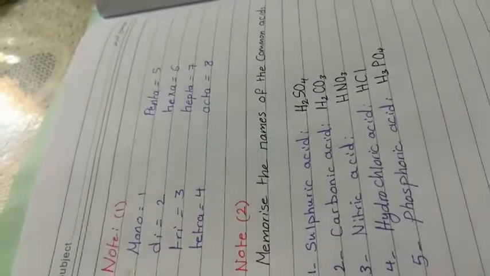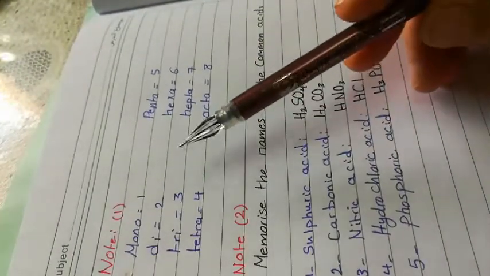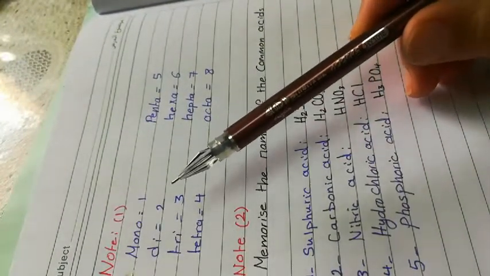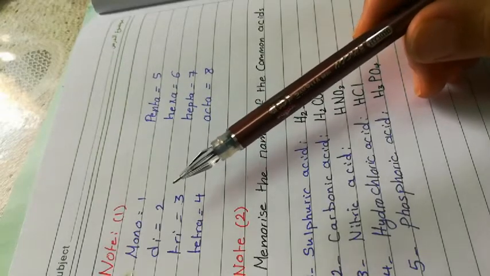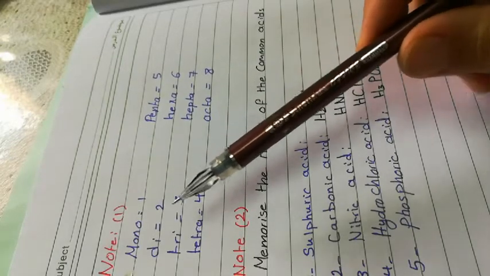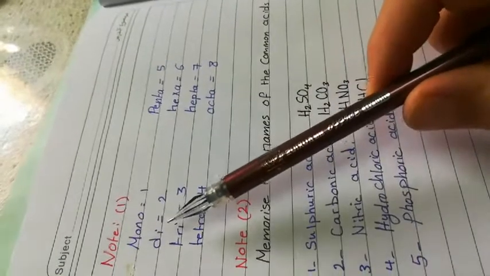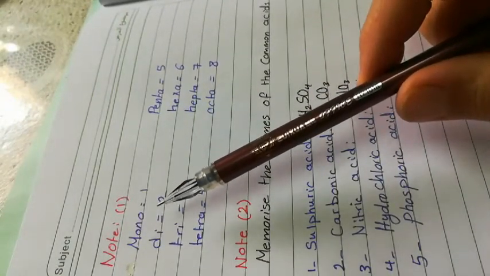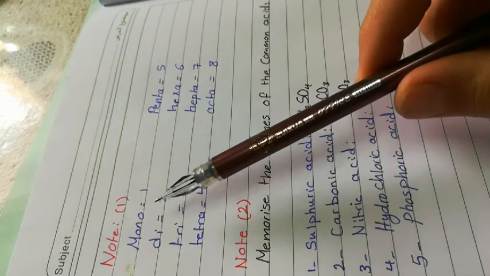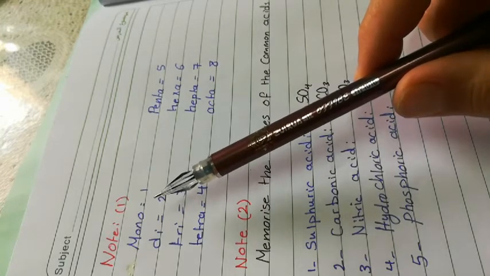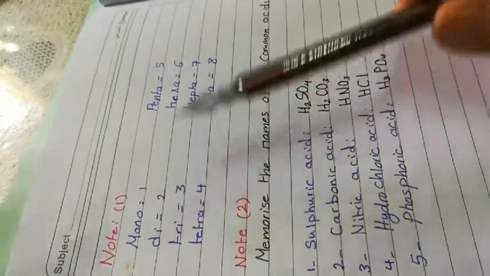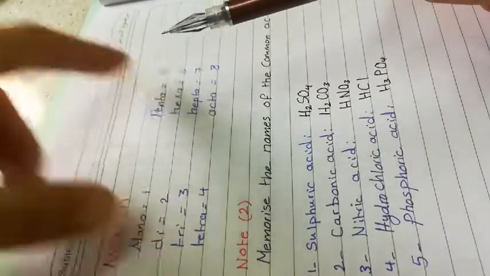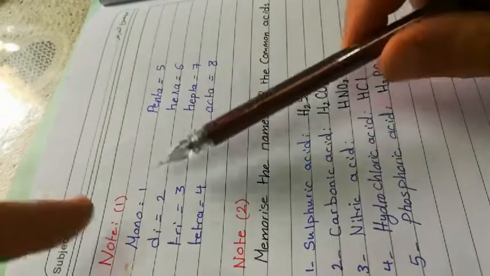My dear students, you must memorize these numbers, and I gave them to you in grade 7, by the way. Mono means 1, in lesson 2.3, sorry, lesson 2.3 in grade 7. We took this note, and here we are repeating it.